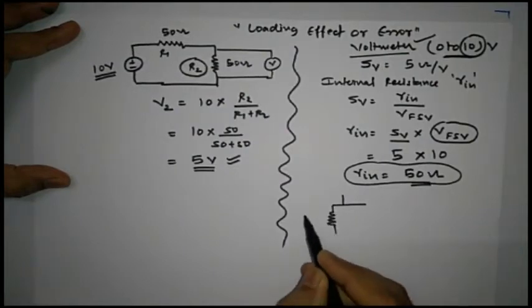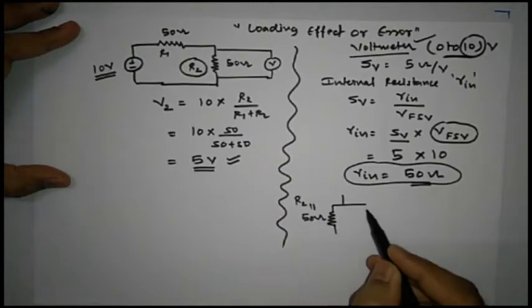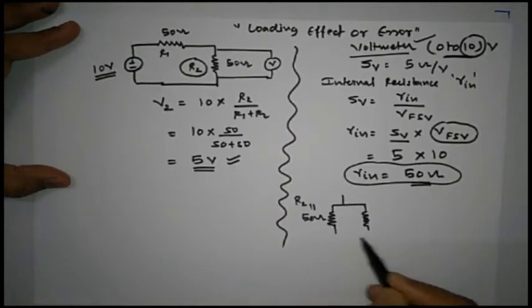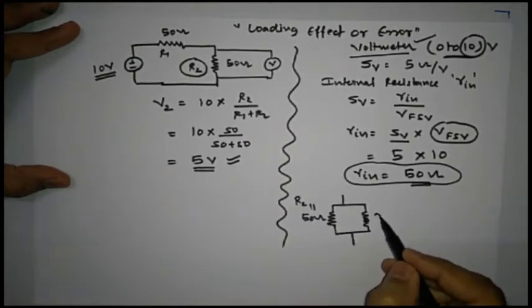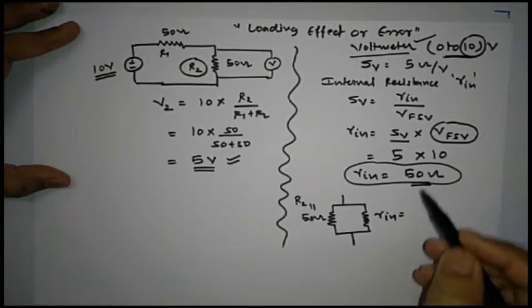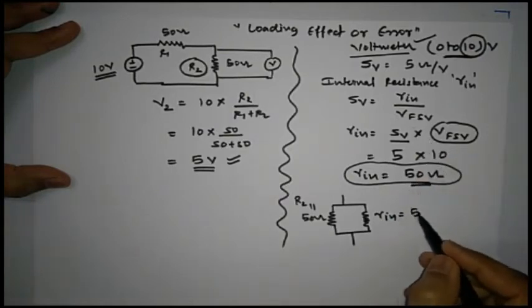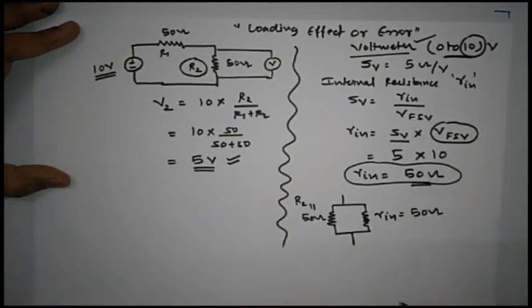So this is going to be our 50 ohm R2 resistor, and across it there will be another resistance which is nothing but Rin, the internal resistance of this voltmeter, whose value is 50 ohm.